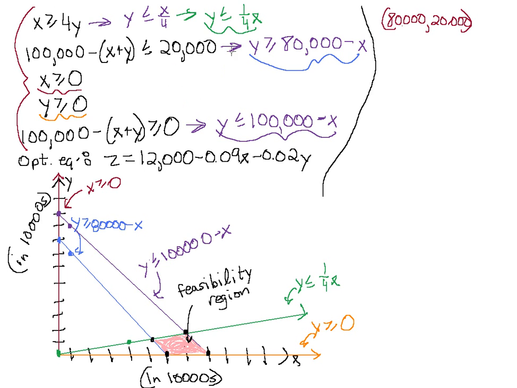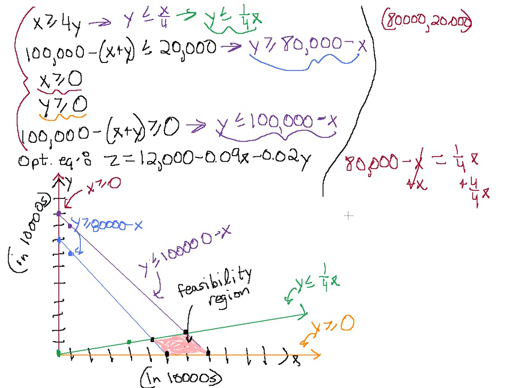Let's use this point. So we have the blue line and the green line. The blue line is represented by the equation 80,000 minus x, and the green line is represented by the equation 1/4 x. All right, so let's solve for x here. We're going to add x to both sides, add 4/4x over here.